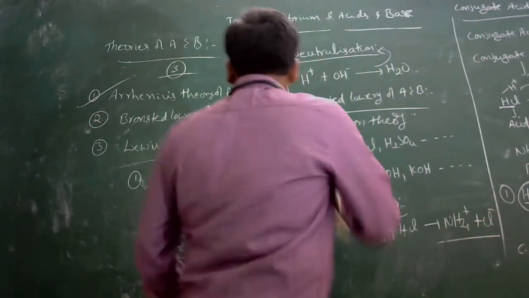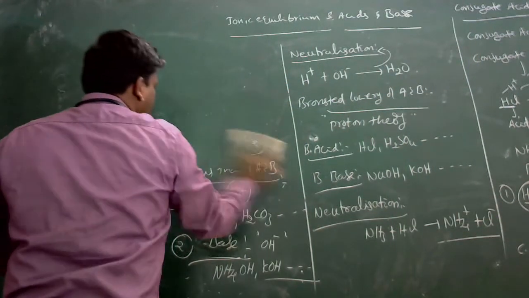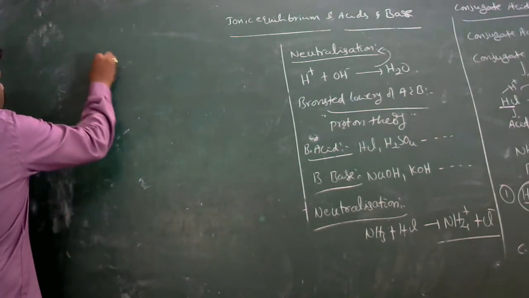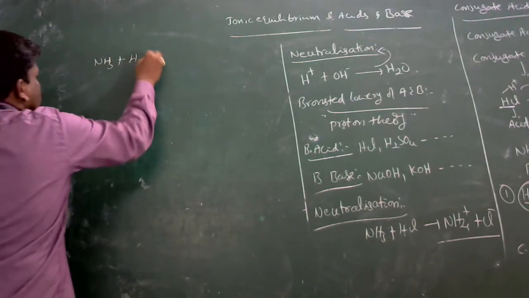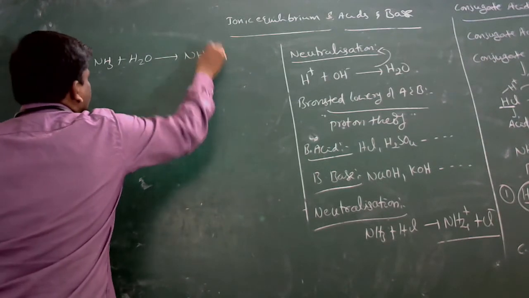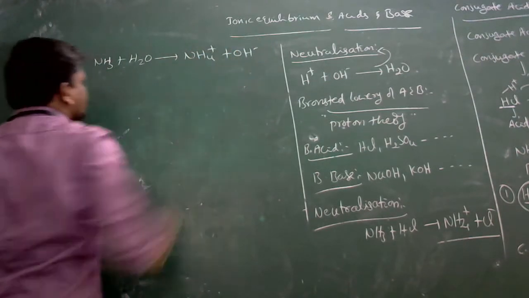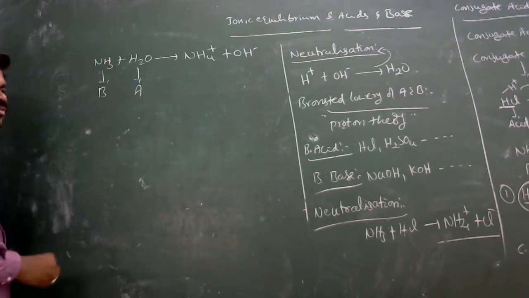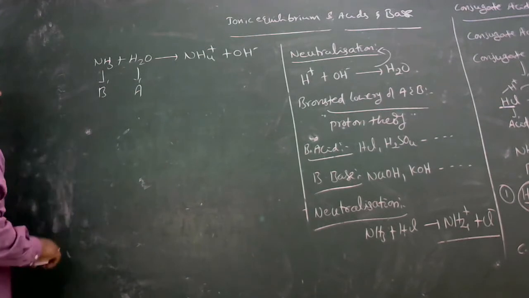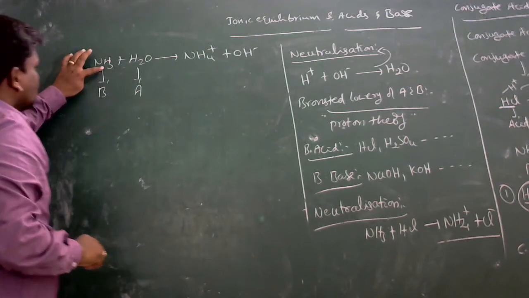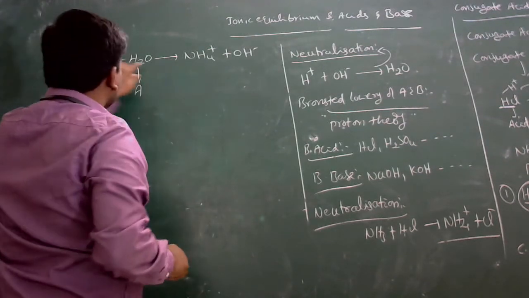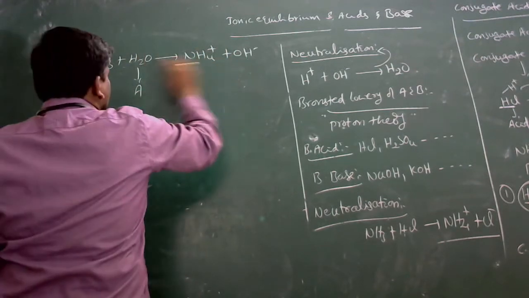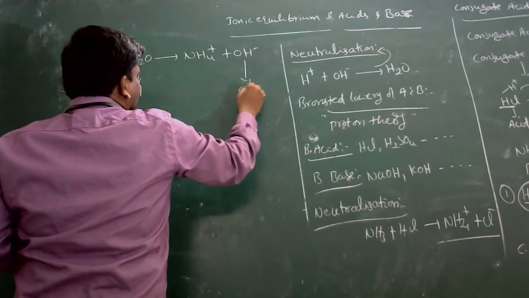Another example: NH3 plus H2O gives NH4+ plus OH minus. NH3 is the base and H2O is the acid. The given substance, adding H+ gives the ammonium ion, which is the conjugate acid. The given substance losing H+ gives the conjugate base.